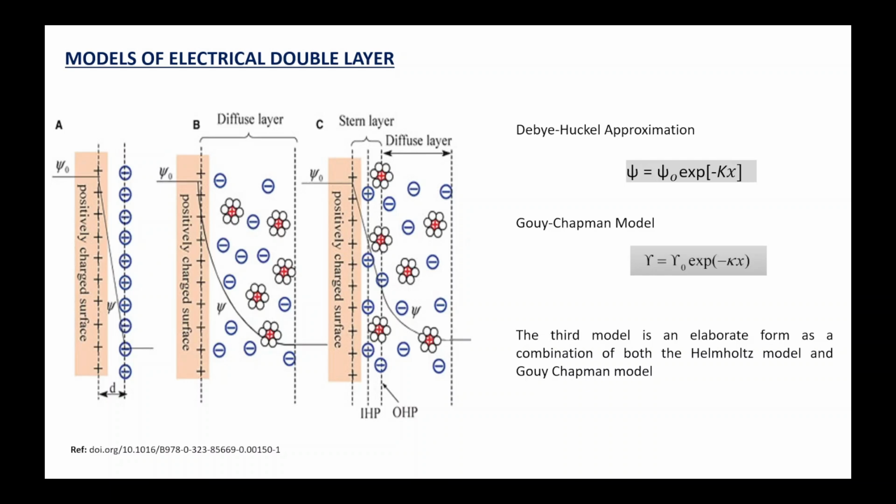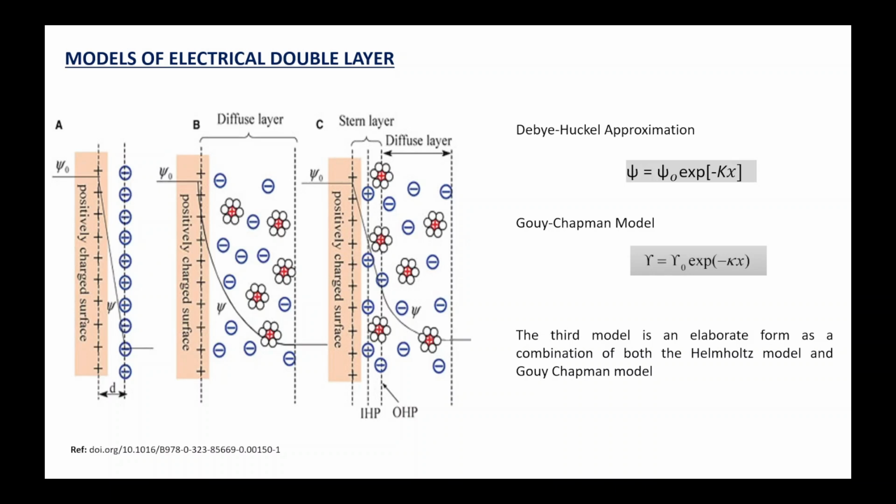There we discussed the formation of the double layer, where the counter ions, that is the ions that have polarity opposite to that of the charged particles, get closely attached to the positively charged surface so that the entire system gets neutralized. That model is known as the Helmholtz electrical double layer model.